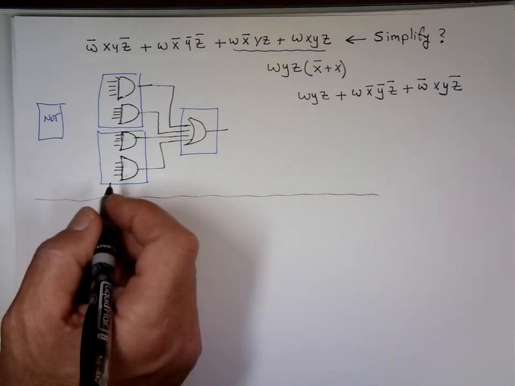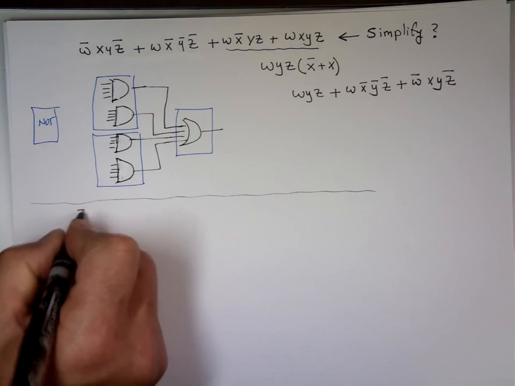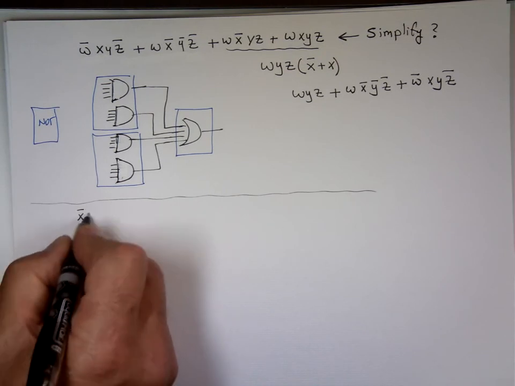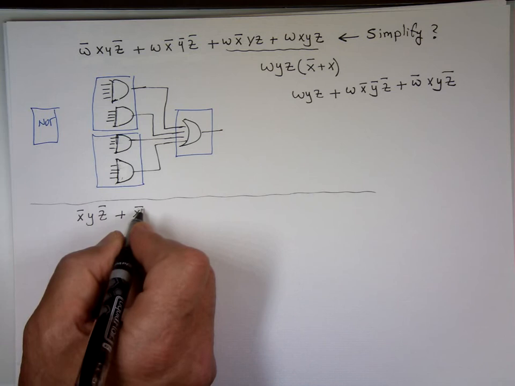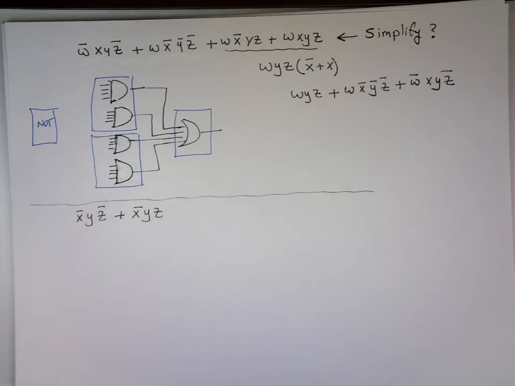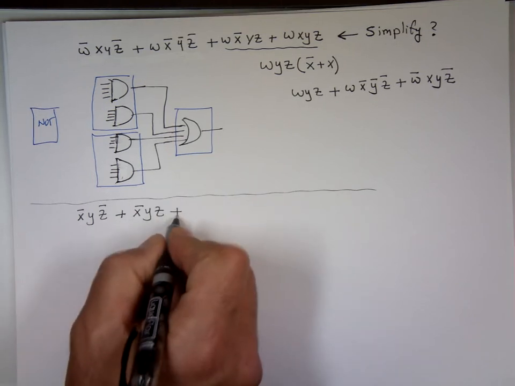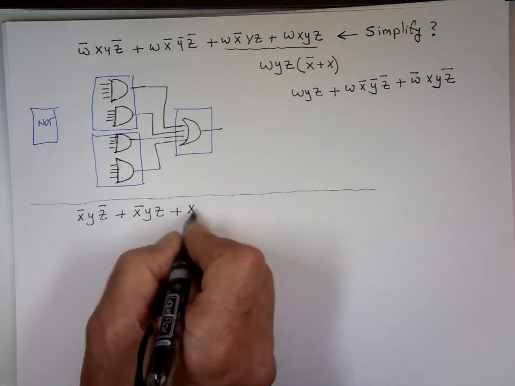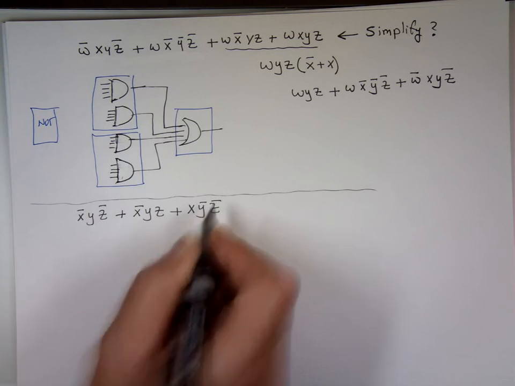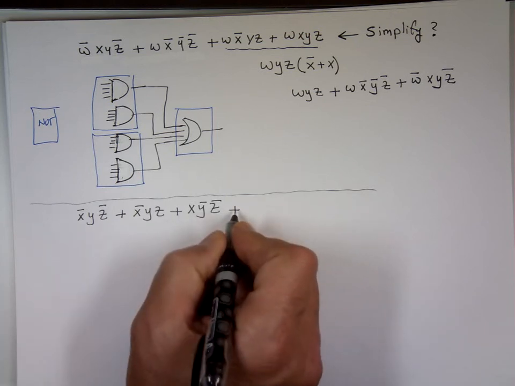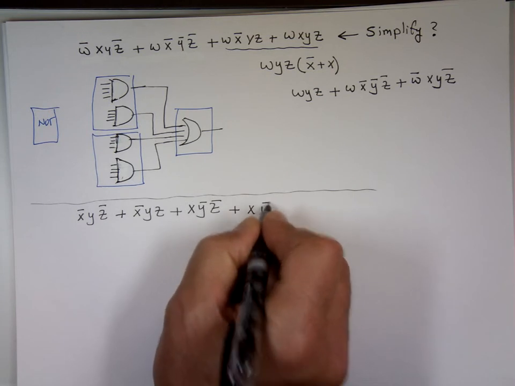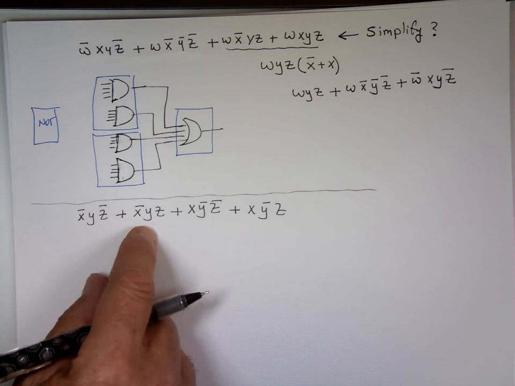X bar, Y, Z bar, plus X bar, Y, Z, plus X, Y bar, Z bar, plus X, Y bar, Z. Hopefully I didn't write that one before, did I? Nope. Plus X, Y, Z.